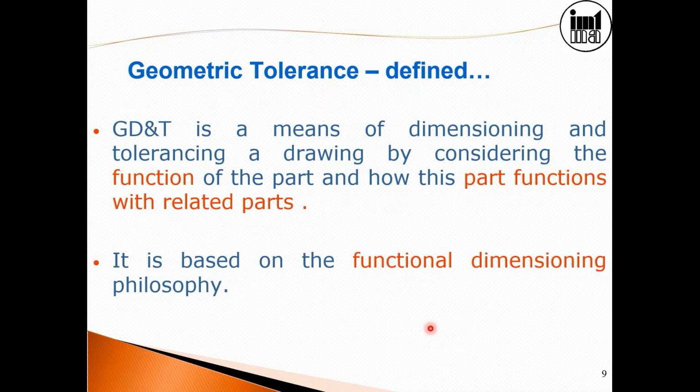But in GD&T, according to the functional requirement, it can vary the tolerance. Hence, it is also called functional tolerancing. It understands the functional requirement in a much better way, and accordingly it will vary the tolerance to make manufacturing easier. Hence, it is also called functional dimensioning and tolerancing.